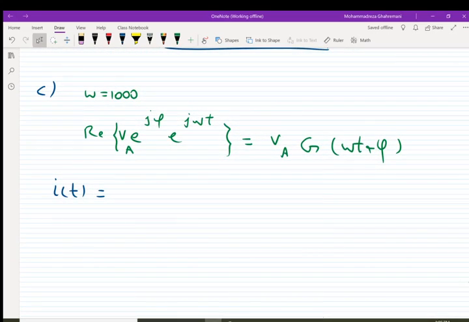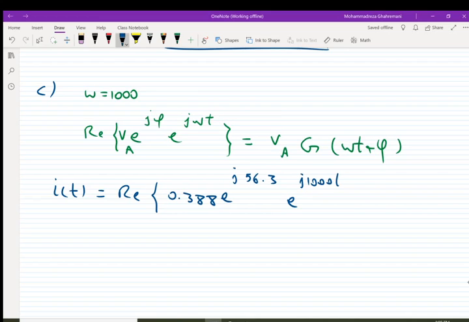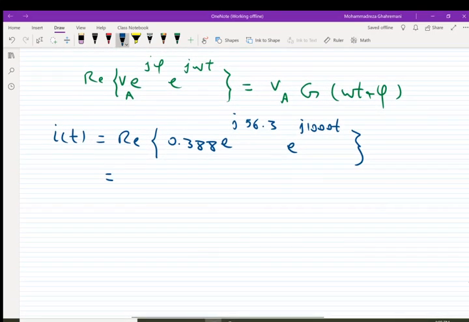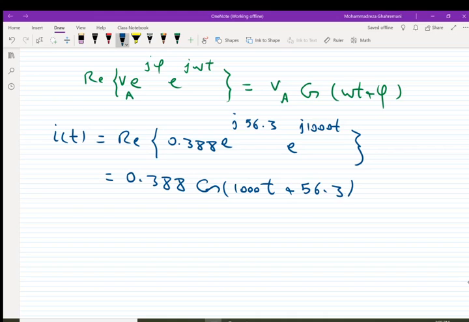So it is equal to the real part of 0.388 e to the j56.3 times e to the j1000t, which is equal to 0.388 cosine of 1000t plus 56.3. So this one is I of t.